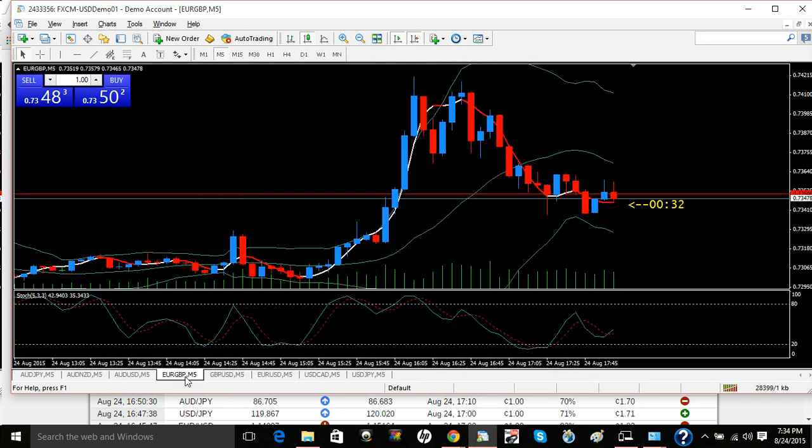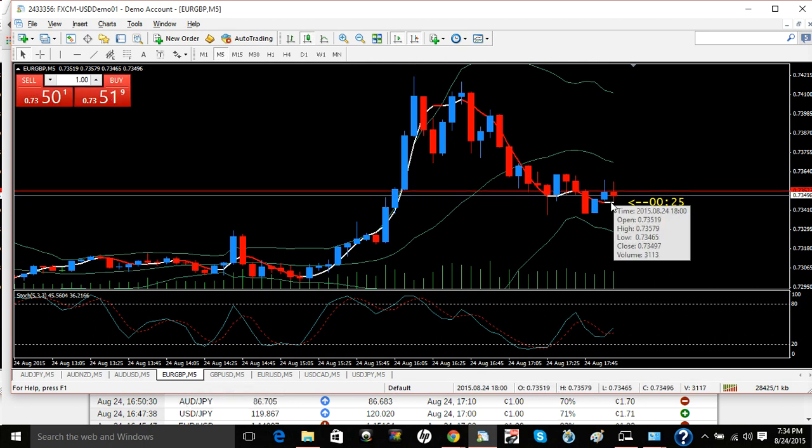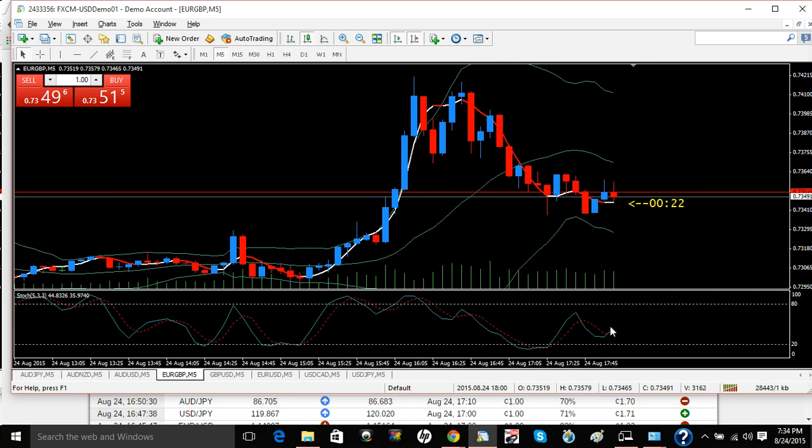All right, Euro GBP, let's go to this one real quick. And you see this one starting to shoot back up. The direction line is changing to white color, and your stochastic is starting to shoot up. But the problem here is it did not dip below the 20. So theoretically, you probably could place a trade in the upwards direction on this, but that would be very, very risky right now.